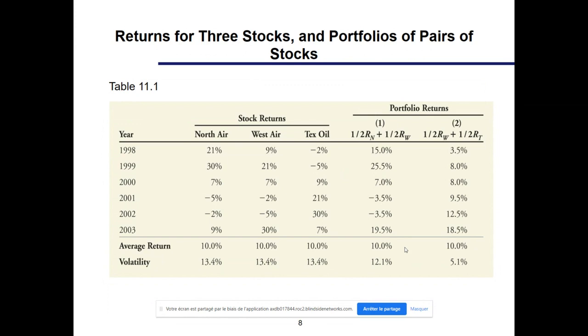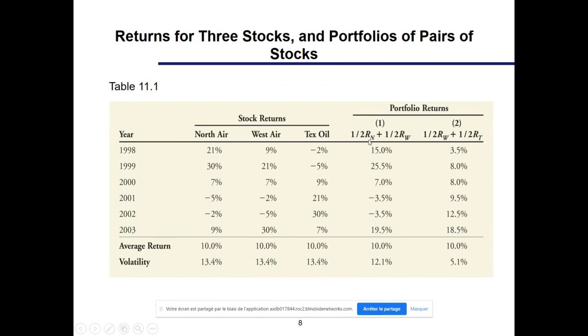However, if I calculate the standard deviation on my portfolio one and portfolio two, interestingly, portfolio one has a volatility of 12.1%, which is lower than 13.4% if I allocate 100% to one of these stocks.